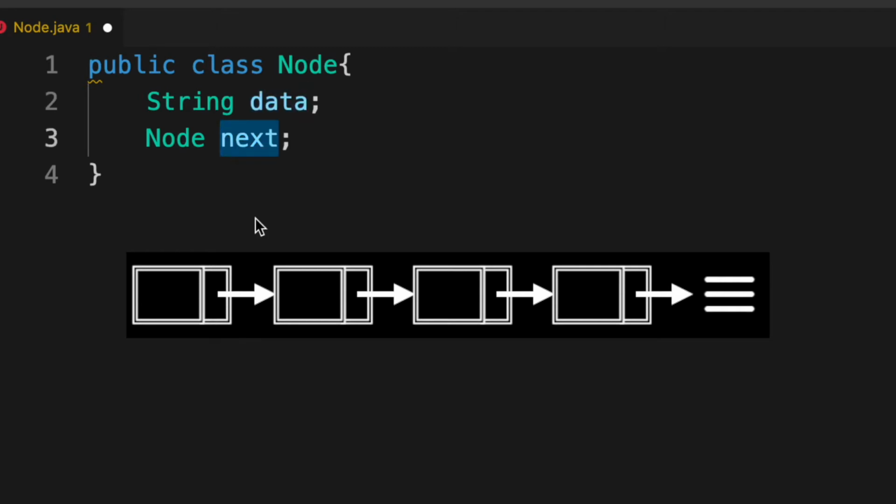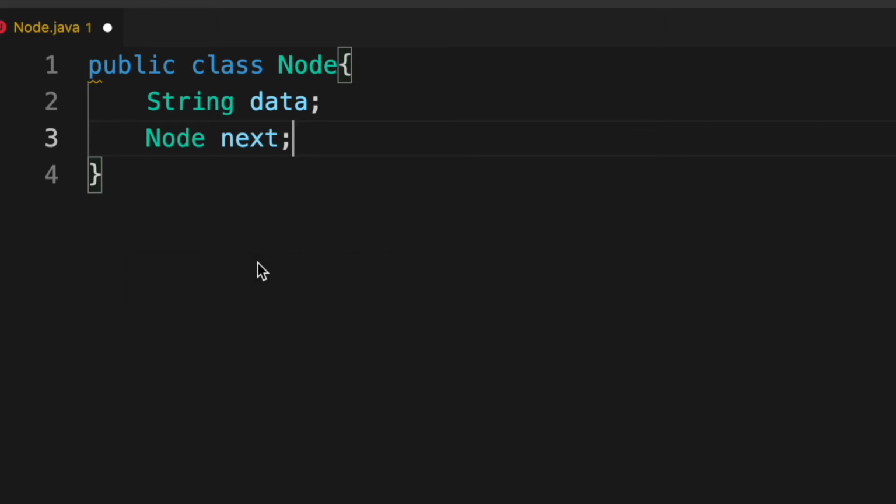Or you have seen the name link instead of next. It doesn't really matter as long as you're consistent in how you access that information. So node has two fields: data, which is the value that you're gonna hold in this particular box, and next, which represents the connection to the next value.